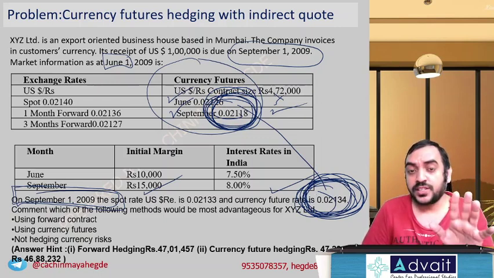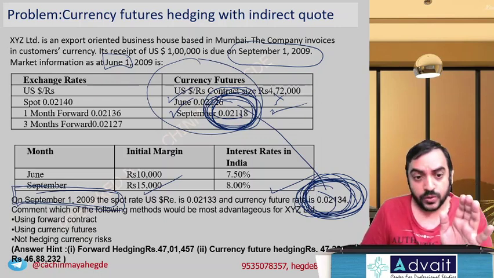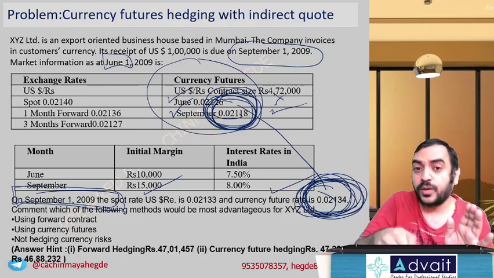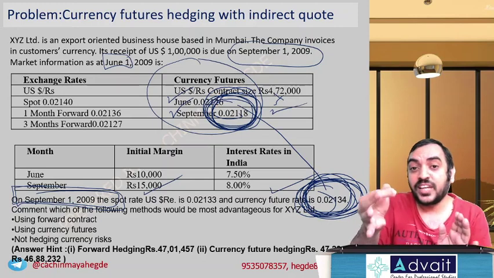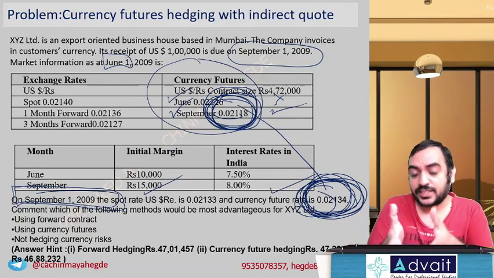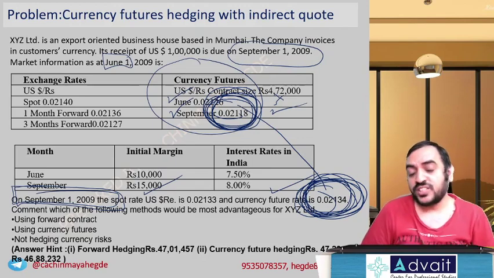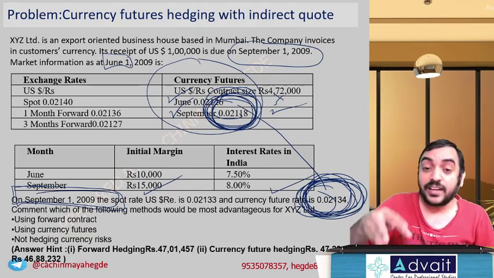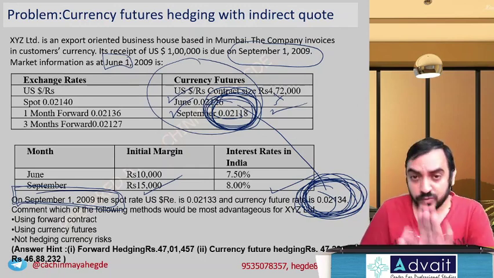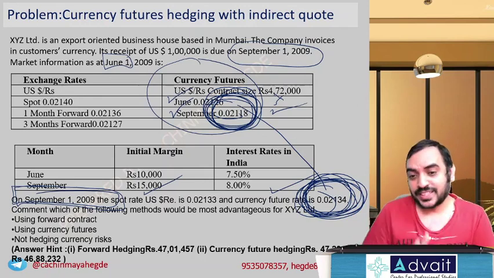In case of future hedging, the entry rate we know, the exit rate we don't know, and that should be given in the problem. Then only effective cash flows can be calculated. In this case, our entry rate will be 0.02118 and our square-off rate is 0.02134. Sir, buying or selling? We'll come to it. We have to discuss that.